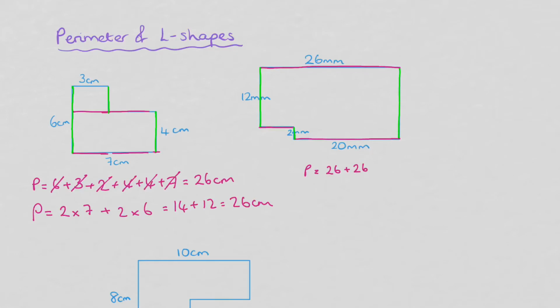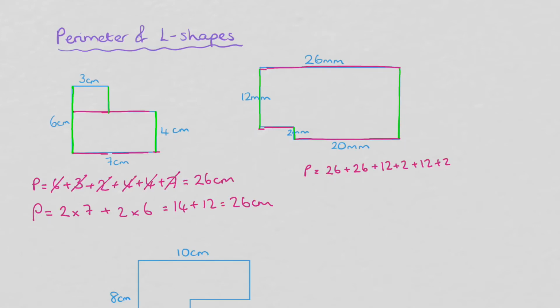Well, that line on the right hand side there, I think we can see, is going to be the same as our 12 line plus our 2 line here. So what we've got there is 12 add 2 and another 12 add 2. Okay, so effectively what we're saying there is that's 12 and that's 2, so that must be 14.